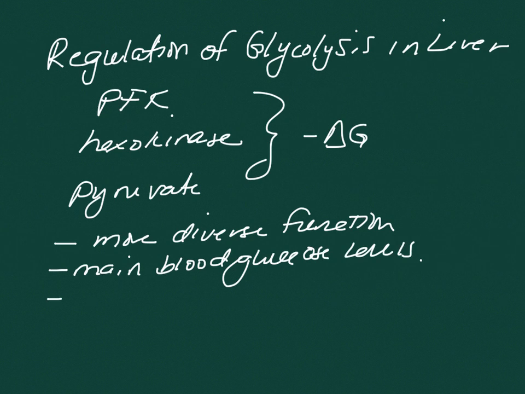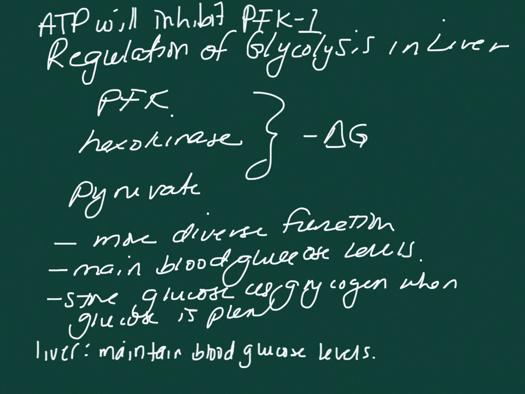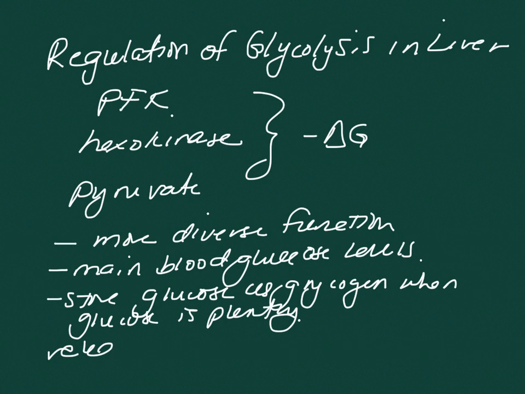The liver will store glucose as glycogen when glucose is plenty, and it will release glucose when the concentration is low.